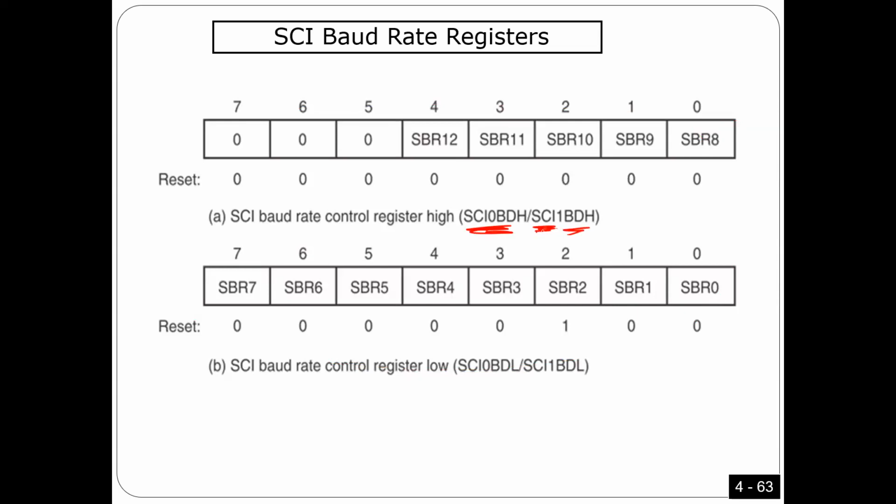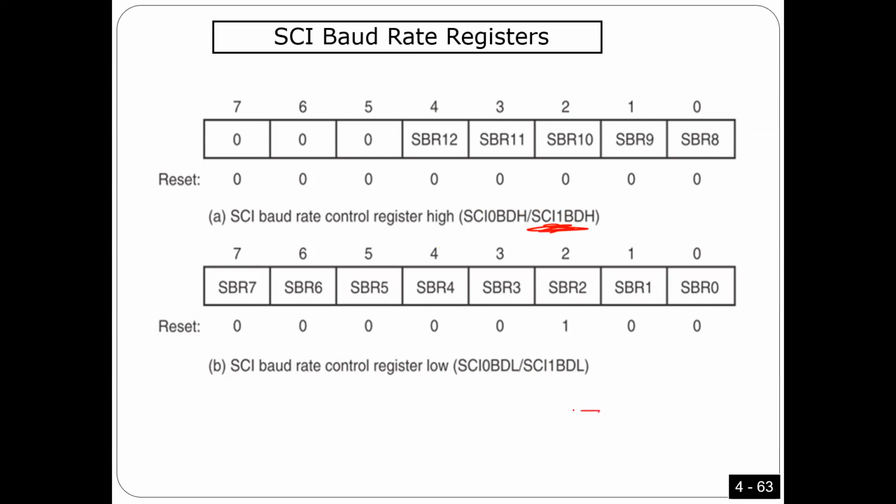It's two registers, by the way, because as I told you, we have two serial communication interfaces, number 0 and number 1. Please don't use number 0, because number 0 we use to connect your computer to the board. So here you have to use this one in order to program SCI1, right?